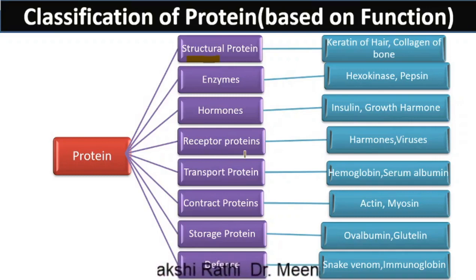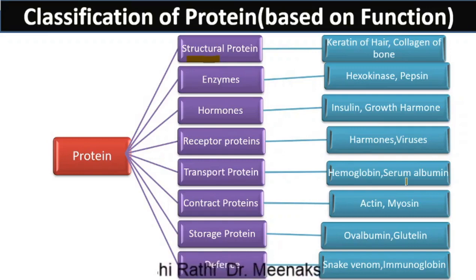Receptor proteins, which receive signals. For example, some hormone and virus receptors are receptor proteins. Transport protein like hemoglobin, it transports oxygen through the blood from one part of the body to another.